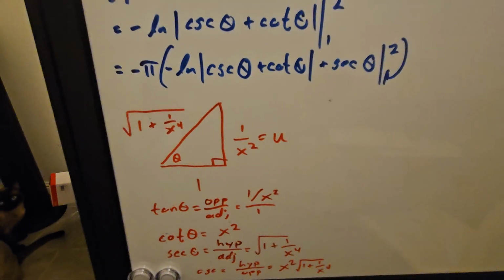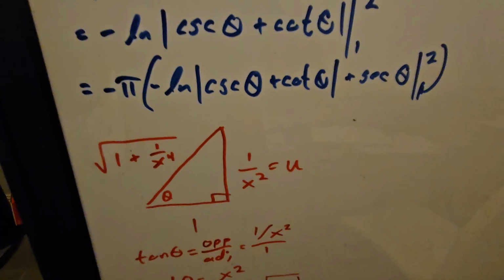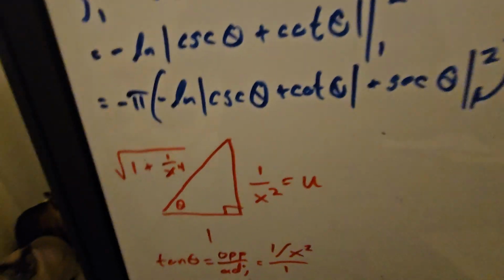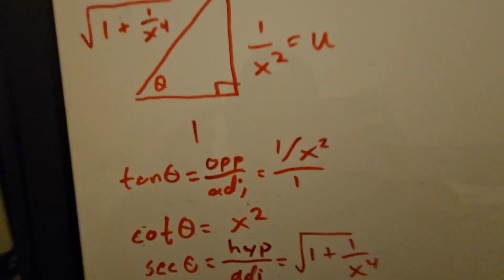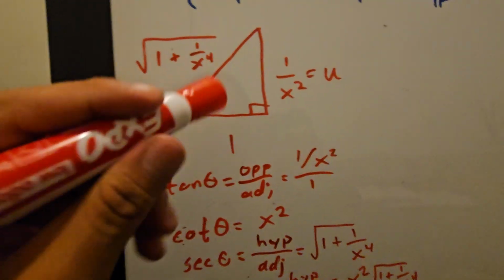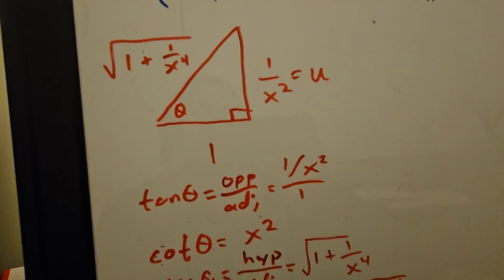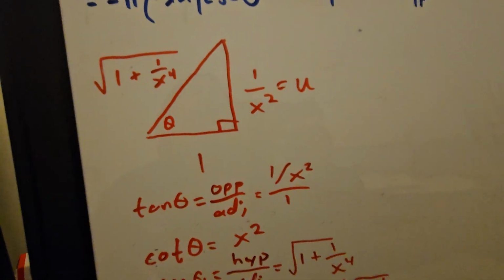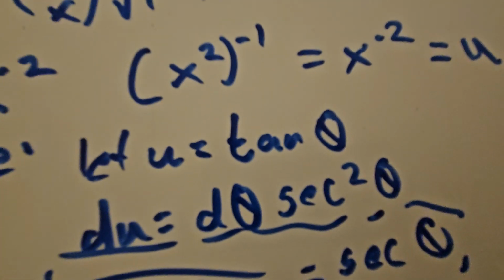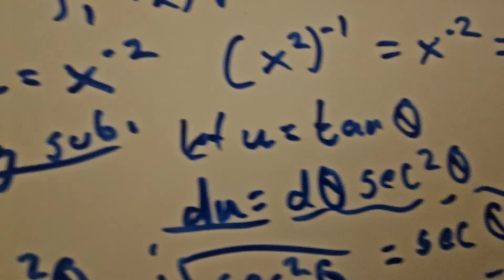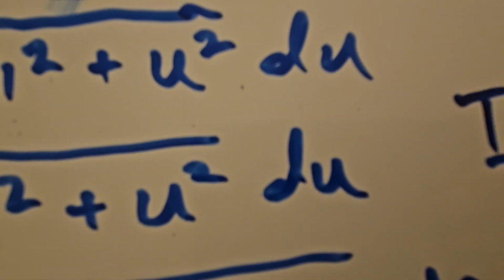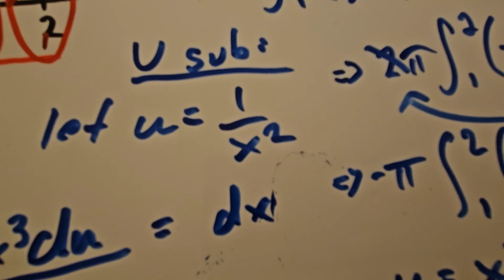All right, so I came back and I drew the triangle in red. Let me explain the triangle real quick. Remember we said let u equals tangent theta when we use trig sub right here. And what did we say that u was? u was 1 over x squared.